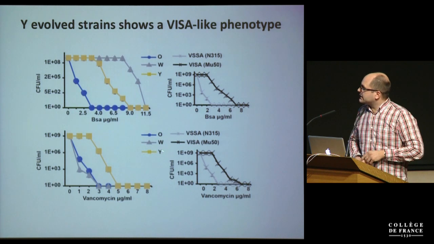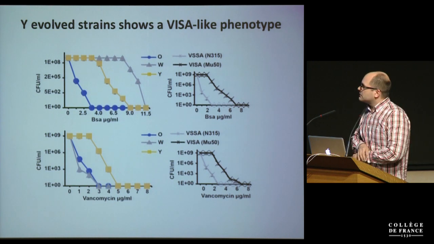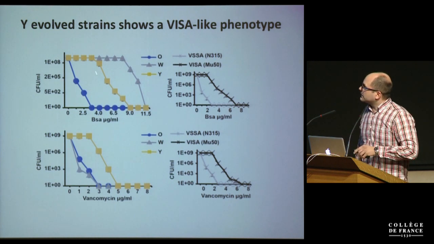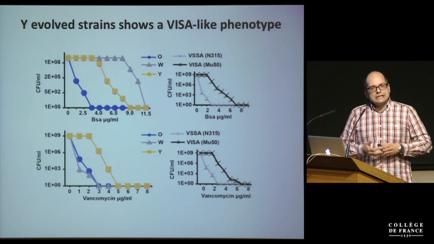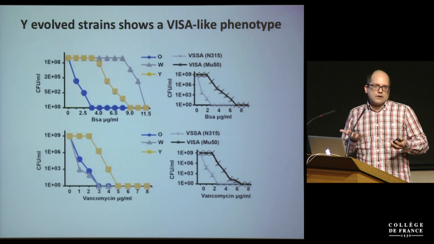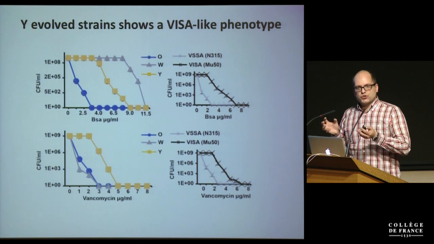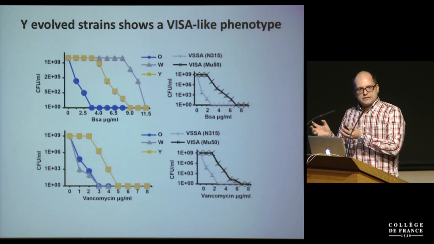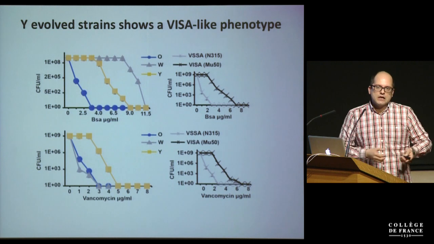But the yellow strain shows the intermediate resistant phenotype with vancomycin, very similar to the profile it shows with BSA. So it seems like a rather broad mechanism that allows the yellow strain to resist intermediate concentrations of vancomycin and intermediate concentrations of BSA.